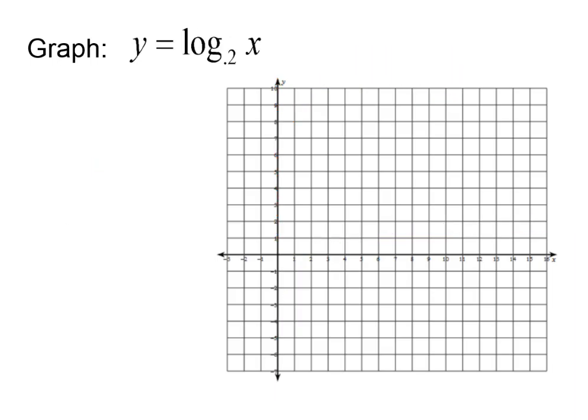Let's try another example. y equals log base 0.2 of x. Let's make a table. Again, remember, plugging in values such as negatives and zeros into this log are not going to output any values. They are going to give me errors.